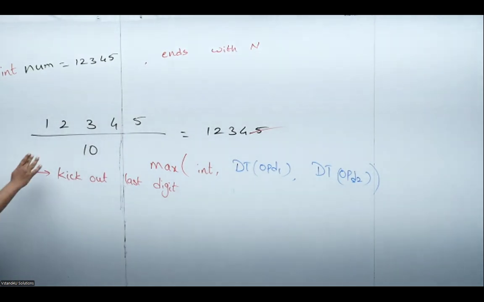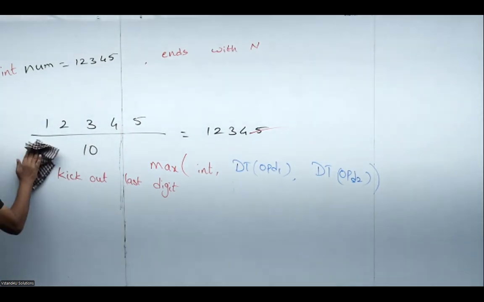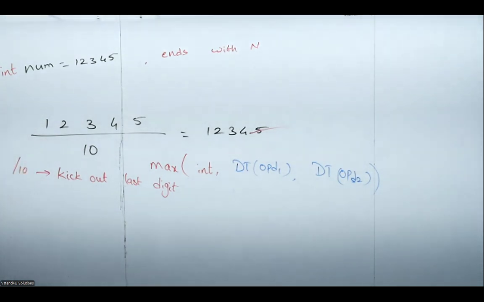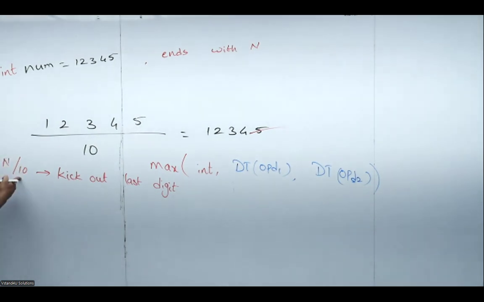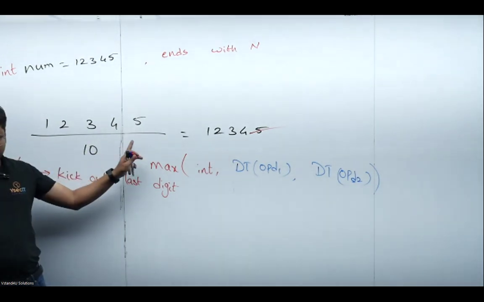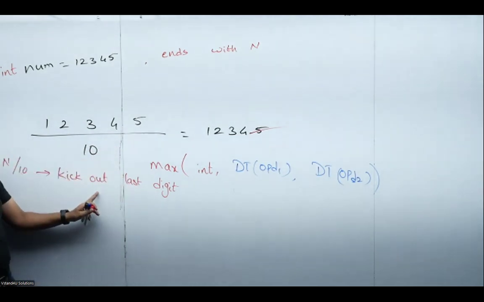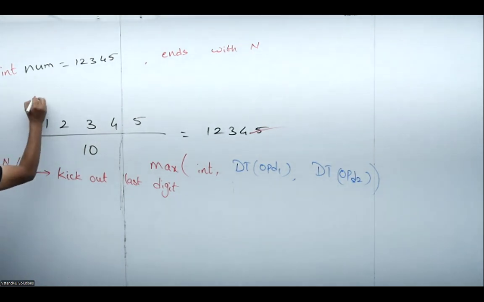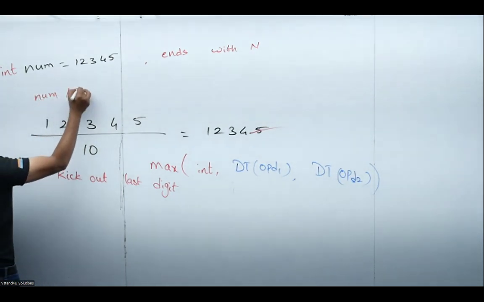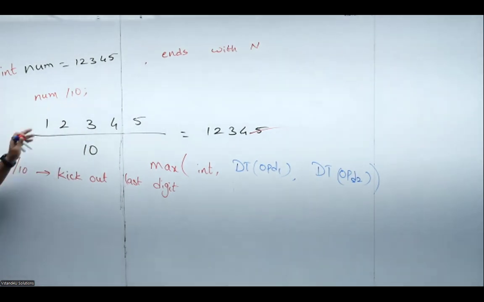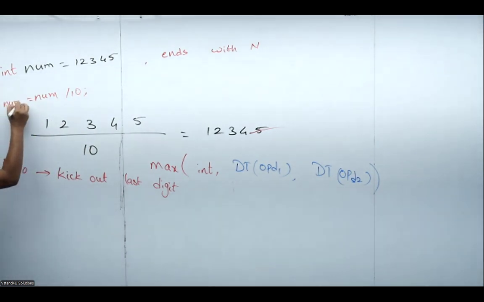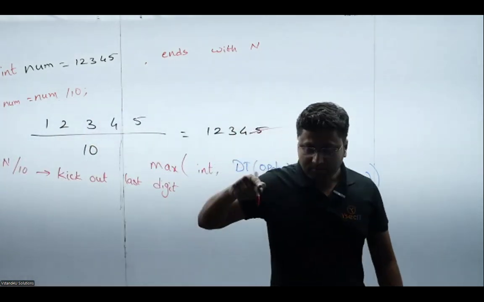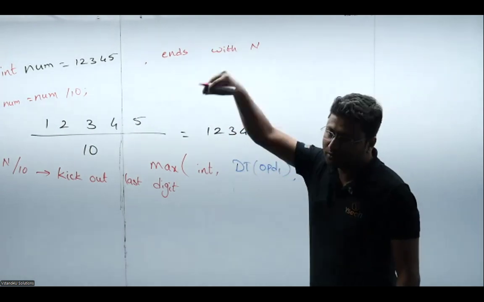When I'm doing division, to be very specific, if I'm doing it with 10, any number n, if you divide by 10, in Java I'm talking, that means you are actually telling it to pick out the last digit. Say num is this. I am saying num divided by 10. This does not pick out the last digit by itself. You store that into the same number: num divided by 10 and store into num only.